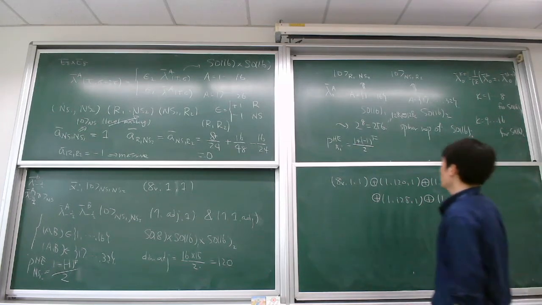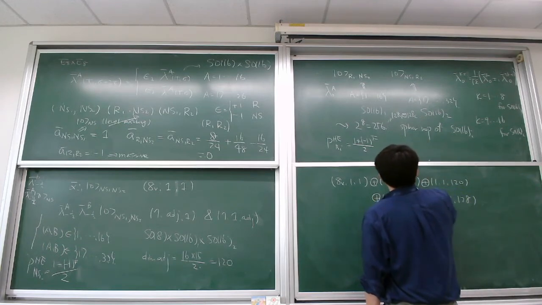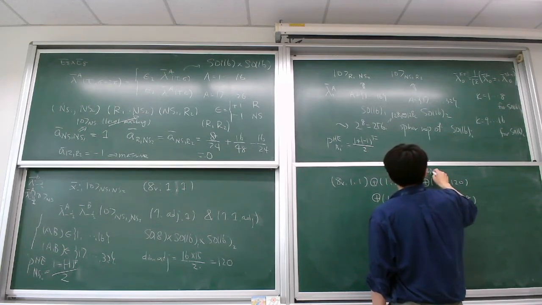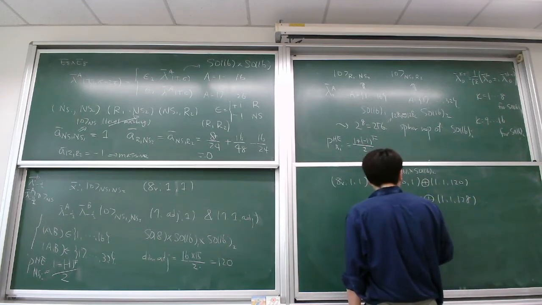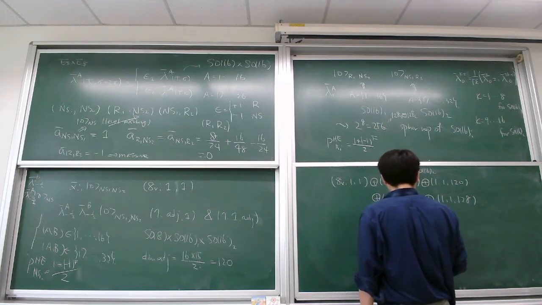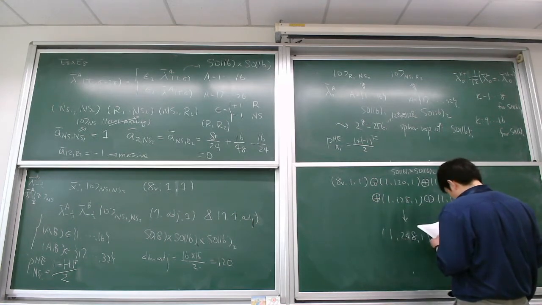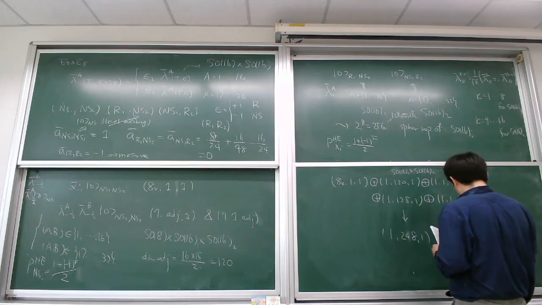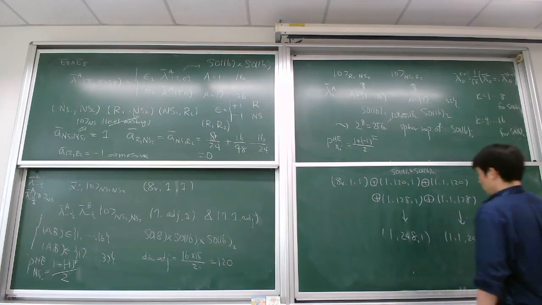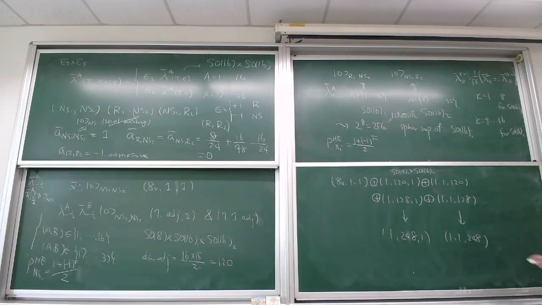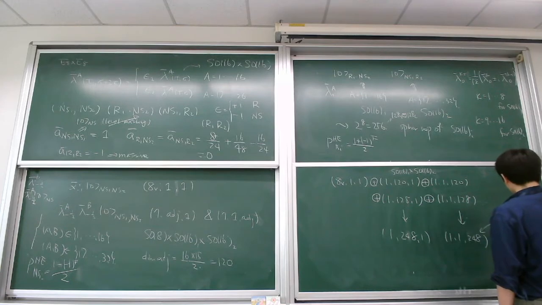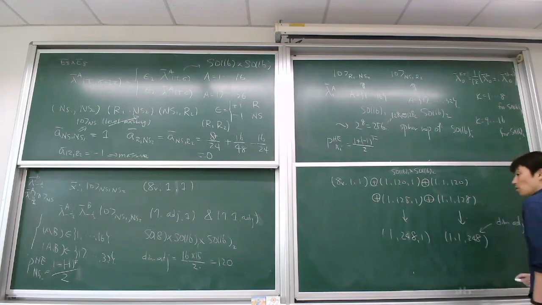This strongly suggests SO16 1 plus SO16 2, but if you add them up it becomes 248, which is indeed the dimension of the adjoint.